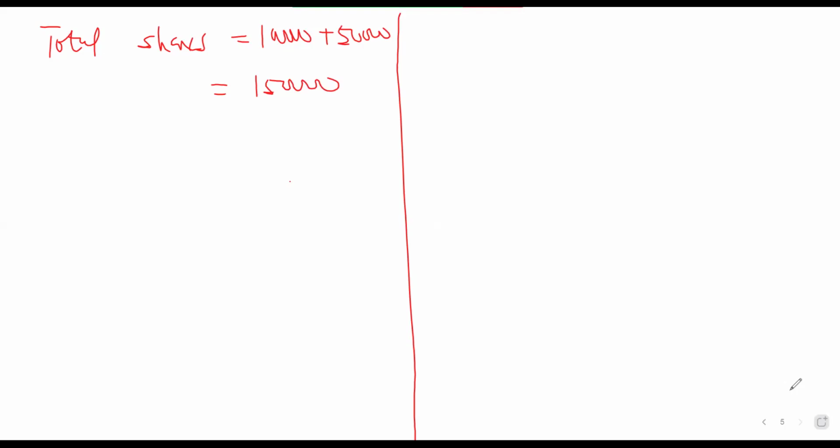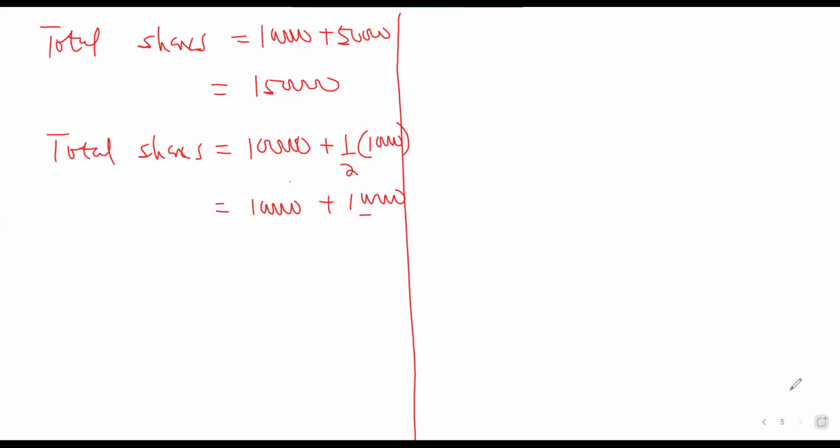This total number of shares can also be calculated as 100,000 plus 1/2 multiplied by what? 100,000, isn't it? That's correct. So can we say that this is the same as 100,000 plus 100,000 divided by 2, isn't it?